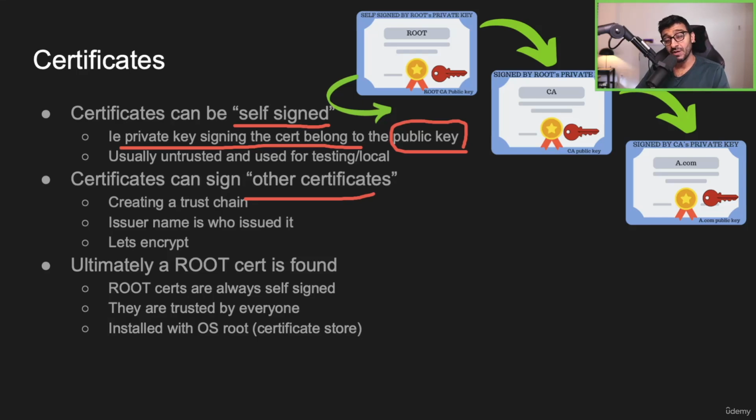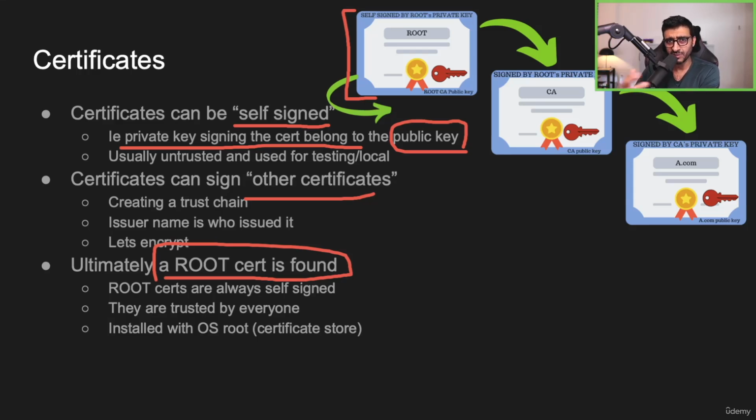It could be 1, 2, 3, or 5 chains deep, but in the end you must get to something called a root certificate. Ultimately you find a root cert. And the root cert is a self-signed certificate.